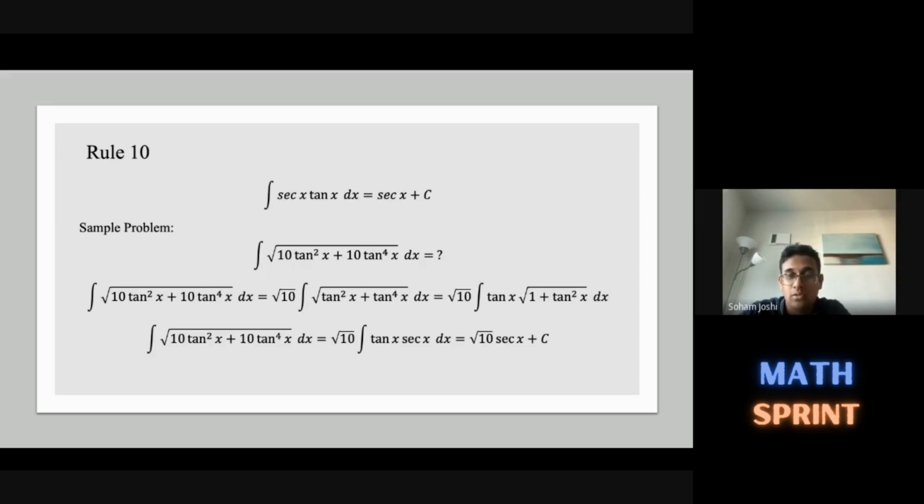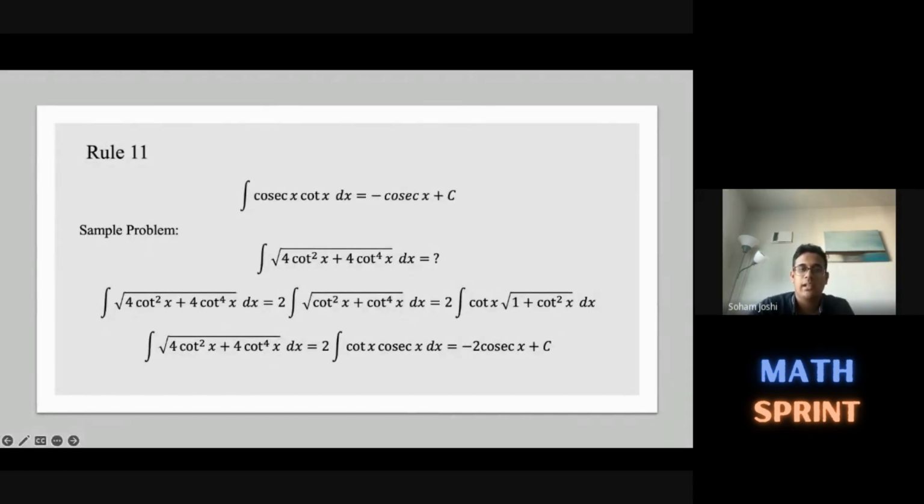We can apply the square root to tan square x to get tan x, and we can also apply the square root to 1 plus tan square x, which is equal to sec square x. So we get sec x. Now we have to integrate tan x times sec x, which gets us sec x. So we just multiply it with the constant root 10 and the constant of integration. Then we end up with the square root of 10 sec x plus c.